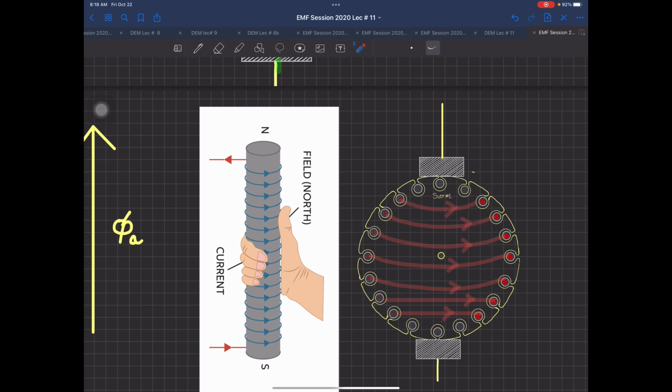So here is a cross and a dot, which means your thumb is pointing upward. So you have a flux being produced over here, which is going to be called phi A.